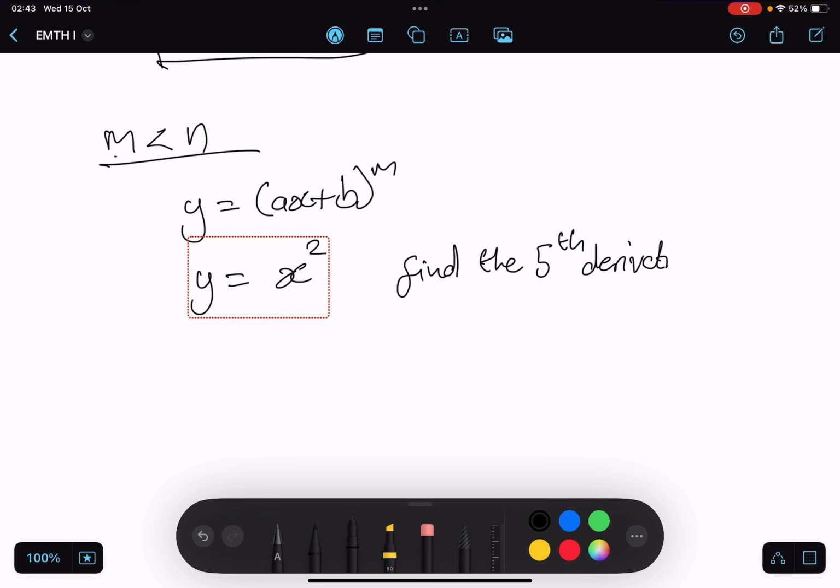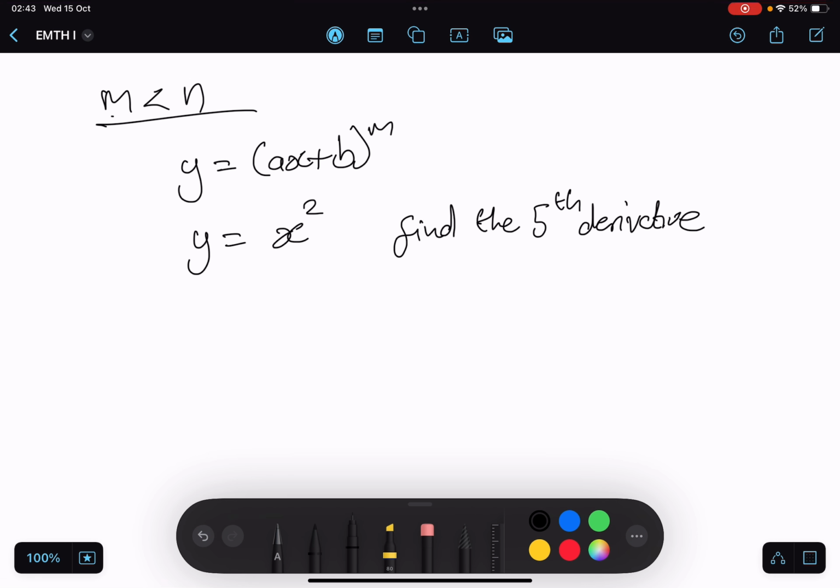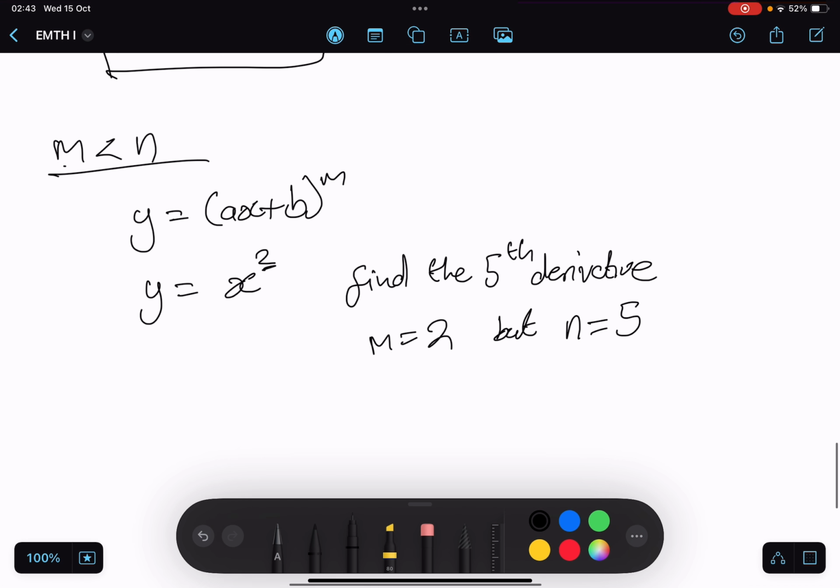With this one, our m is 2, as we can see. But if I'm saying find the nth derivative, our n is equal to 5. So you can see here that m is less than 5.